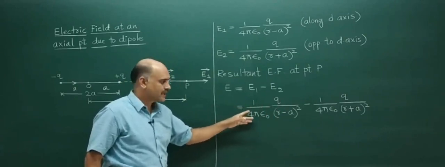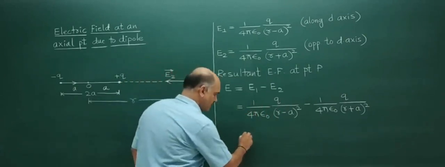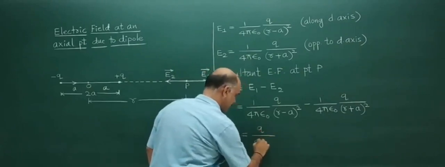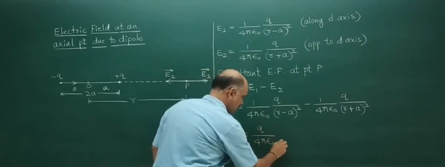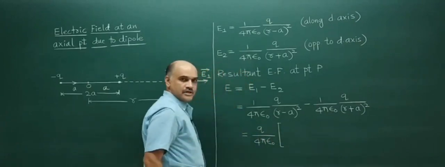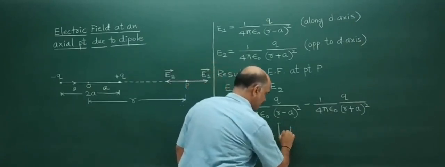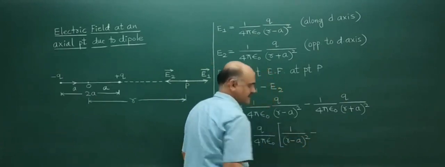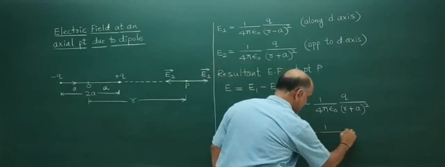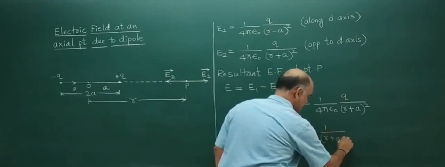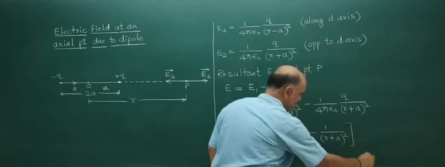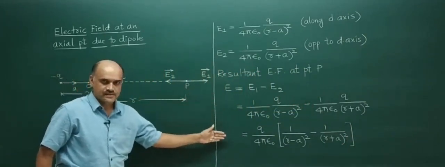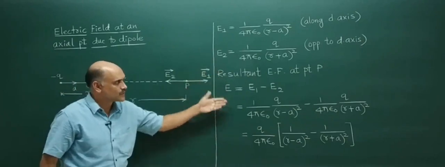I will take q divided by 4 pi epsilon naught common. So what remains is 1 by (r minus a) whole square minus 1 by (r plus a) whole square. So up till here clear, students? You can pause, note down these steps.